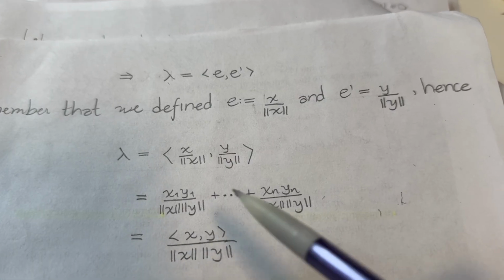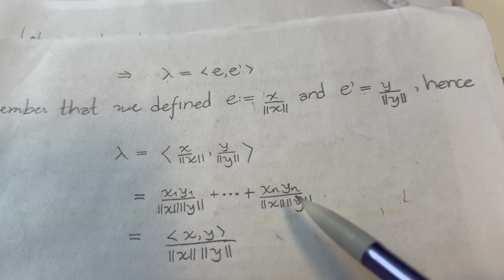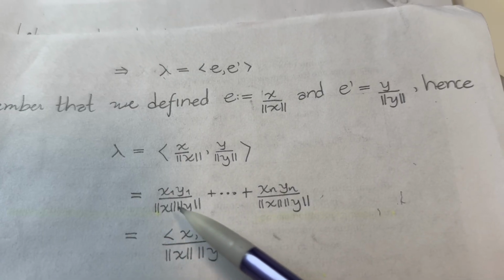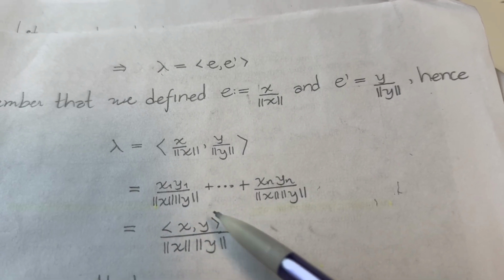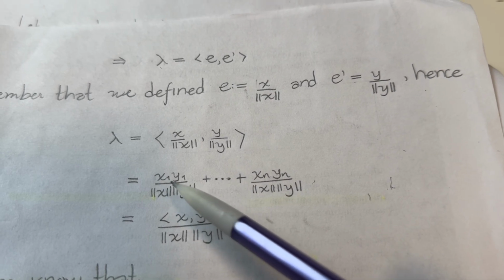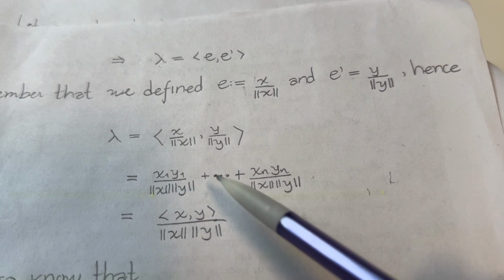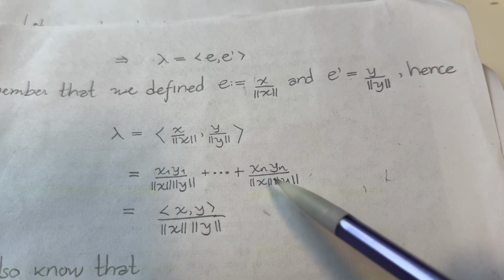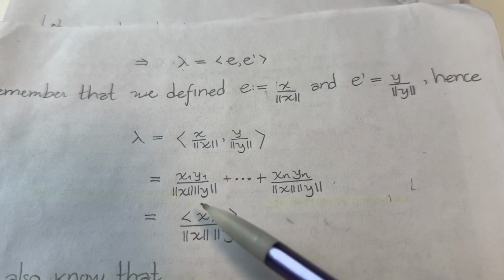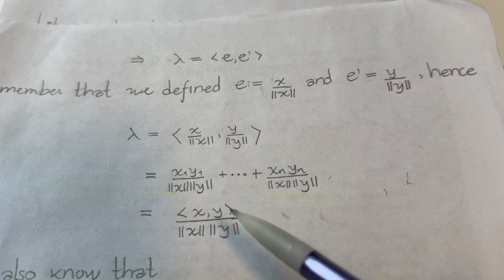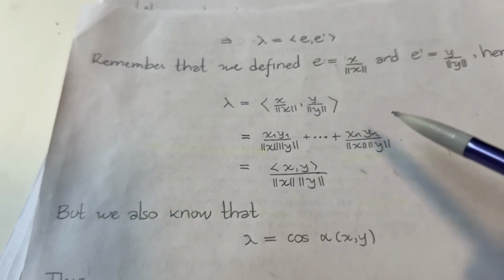But we now realize that we can factor out the magnitudes in the denominator, and we have just x1 y1 plus x2 y2, and so on, up to xn yn. So this is the same as just the inner product of x and y divided by the product of the magnitudes.